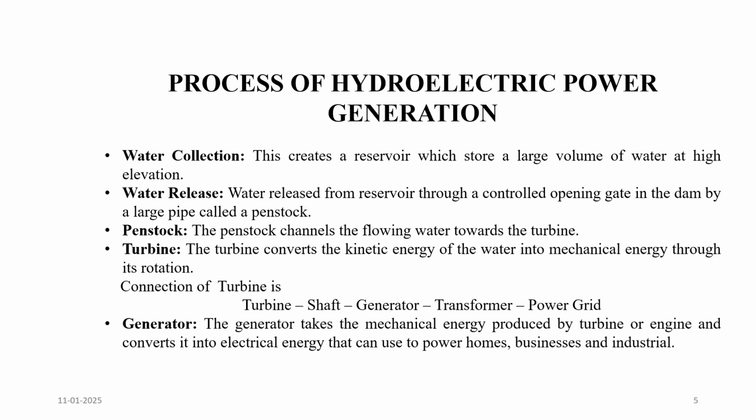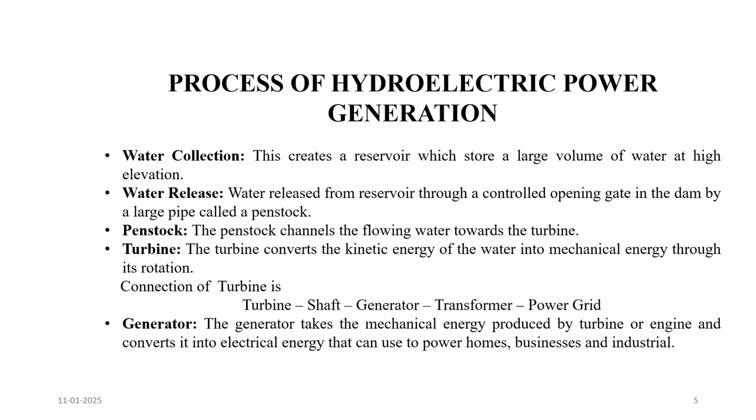How does the turbine work? First, the turbine rotates a shaft, which drives electricity generation through the generator, then transformer, and after that the power grid. Next point is the generator.